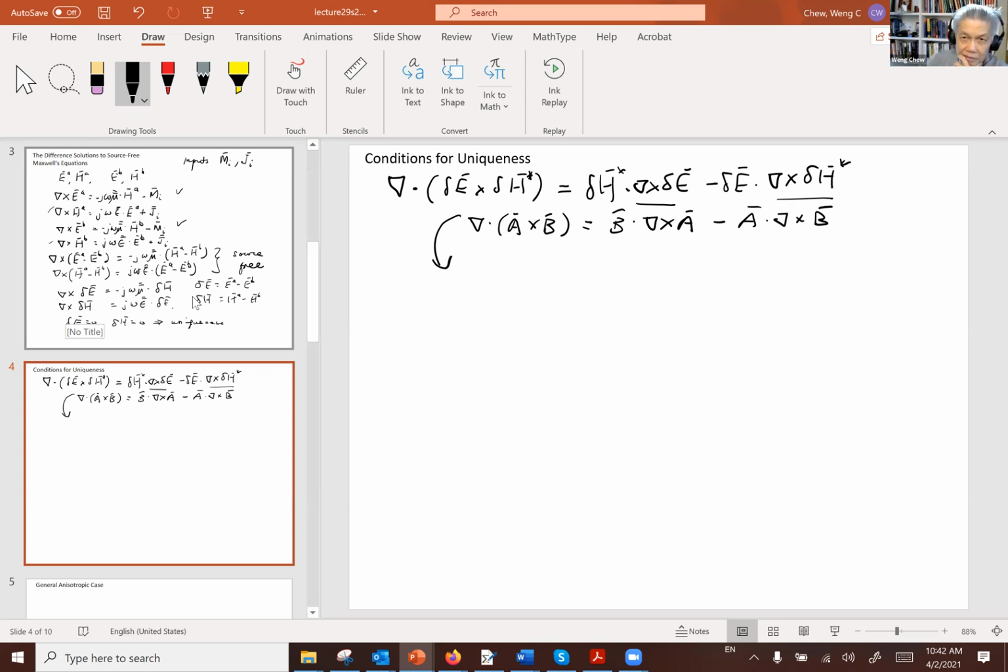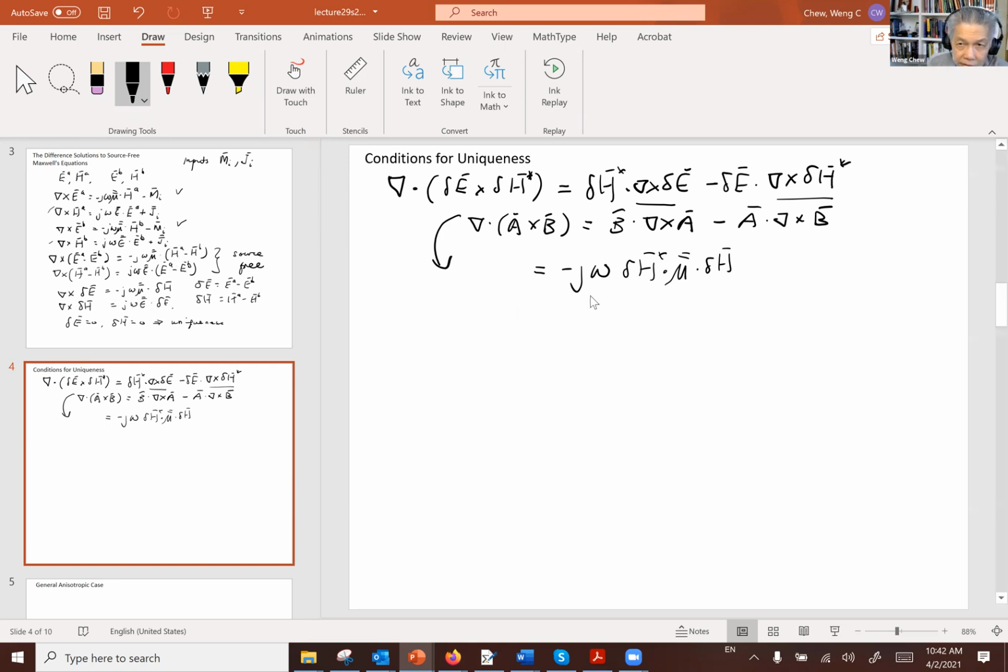And then where that is used, then the right-hand side becomes j omega delta H star is still there. And then you would have mu dot delta H. Okay, the first term will become that because I have used this thing on the right-hand side.